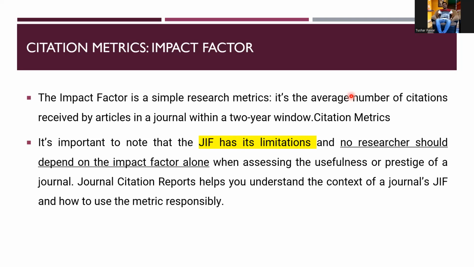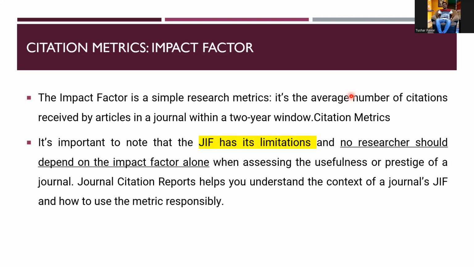So citation metrics are important to know the ranking of your journal, how good your journal is, which is actually the average number of citations received by articles in a journal within a 2-year window. There are some index databases which consider a 5-year window also, but in general it is a 2-year window.